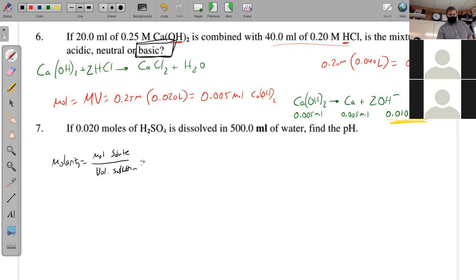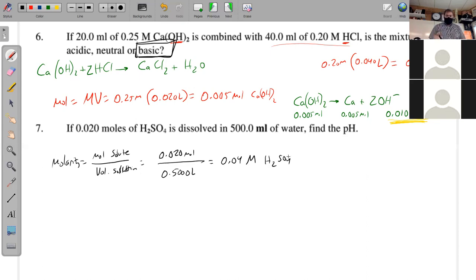So if I take 0.020 mole and divide it by 0.5000 liters, that gets you the molarity of the H2SO4. 0.02 divided by 0.5 is 0.04 molar.